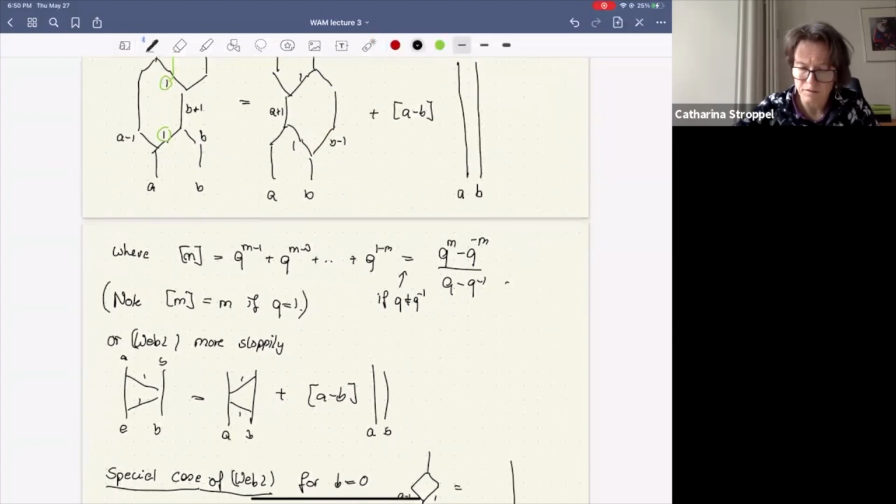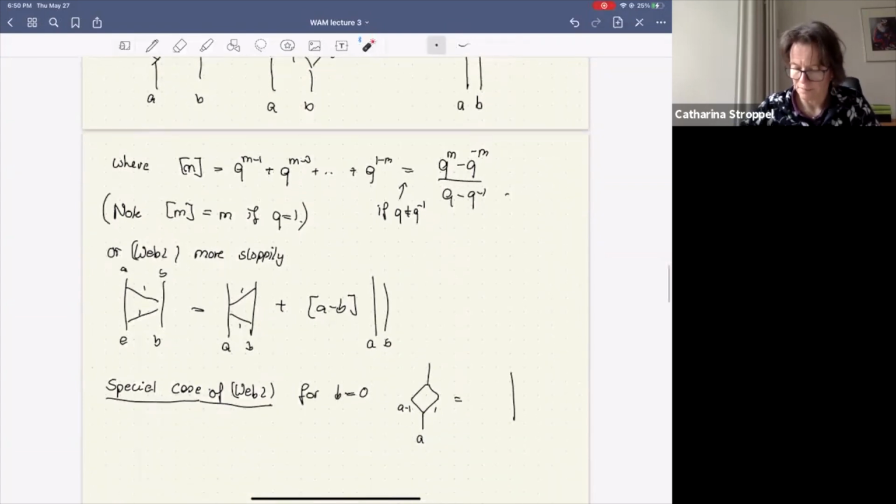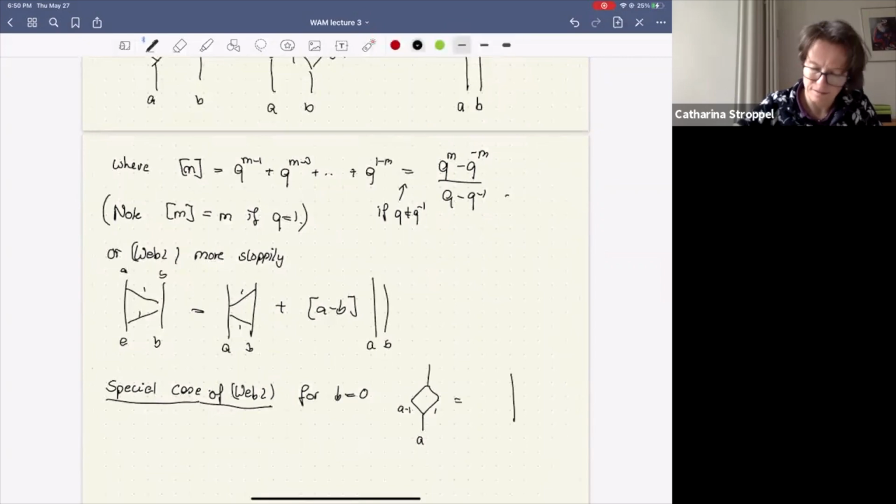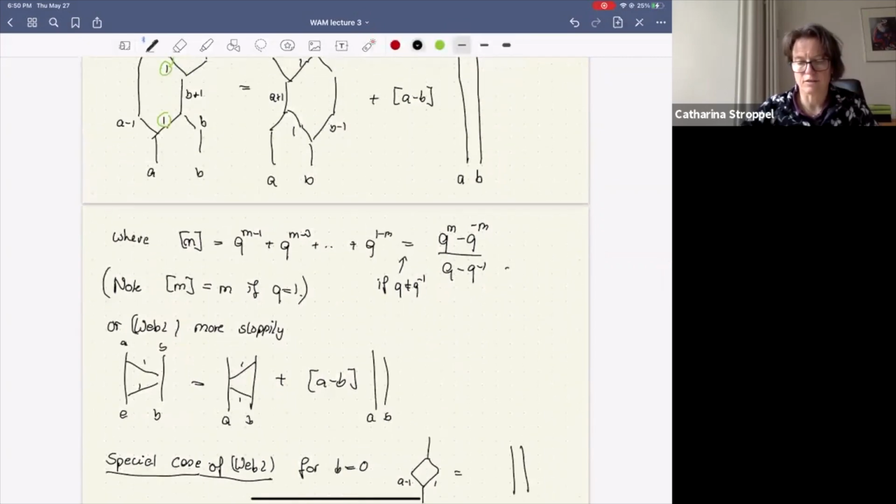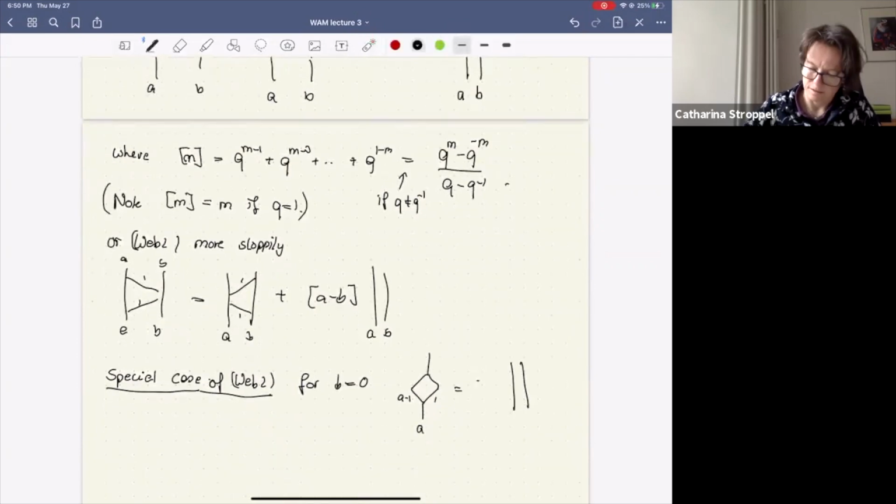I should say, if B is 0, then B minus 1 doesn't exist. So this guy is completely 0. And then you have the identity sitting here with the coefficient A minus 0. And so I get this A in front. You should see this as similar to the circle which we had last time in these other diagram algebras.